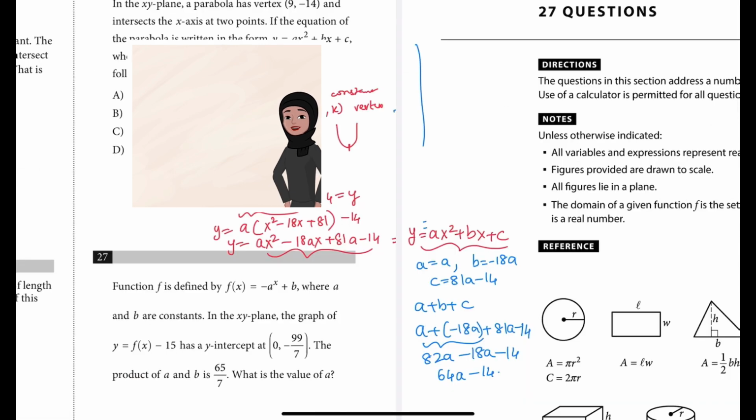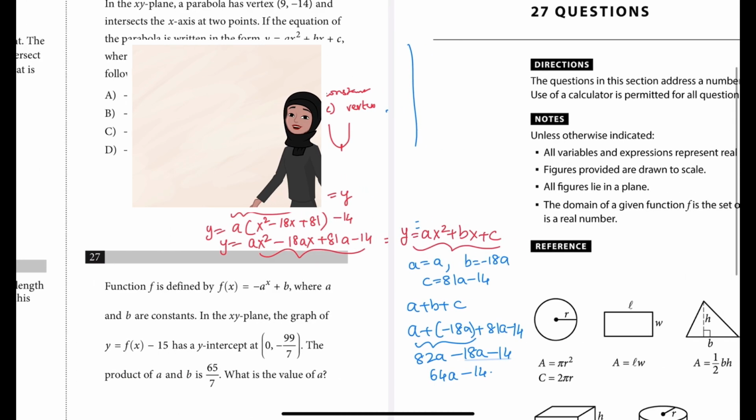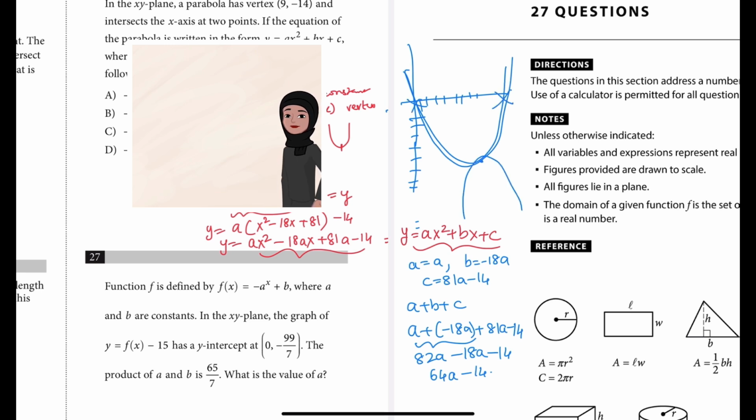So if I show the same thing approximately over here with the x and y axis, 9 somewhere here, and then negative 14 all the way somewhere down, and if it is crossing the x-axis, it has to open upwards only, then only it can cross. If I draw it like this, it will not intersect the x-axis itself.